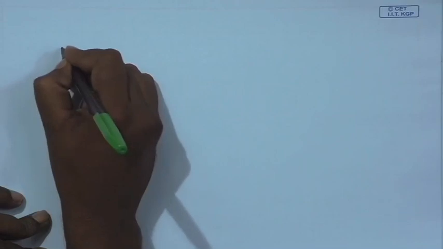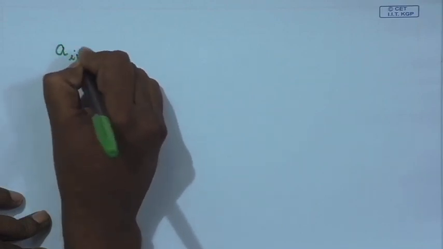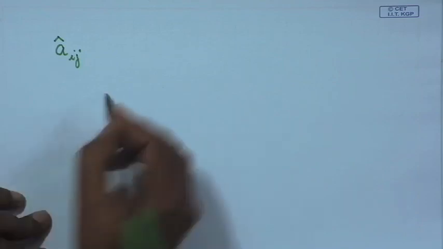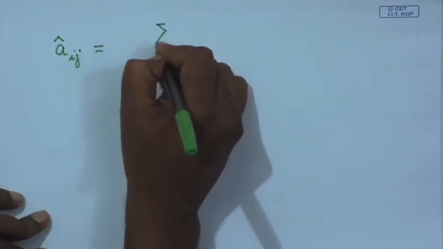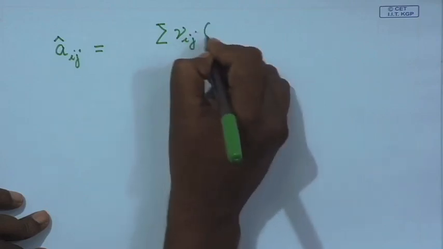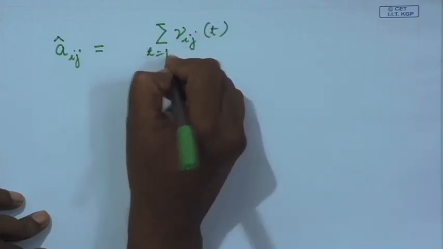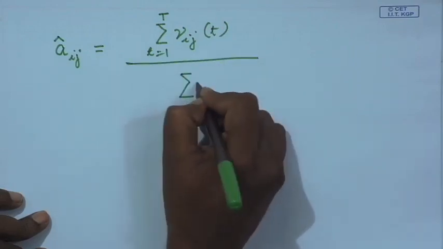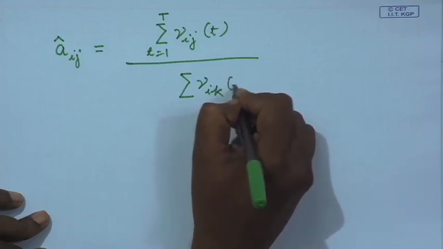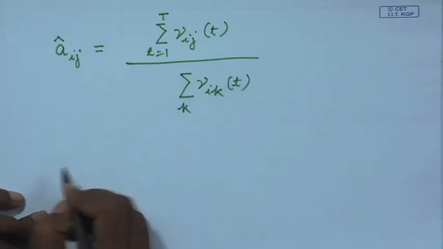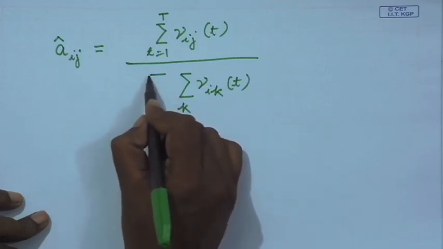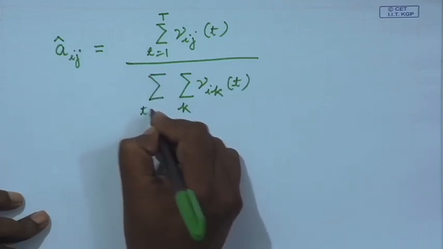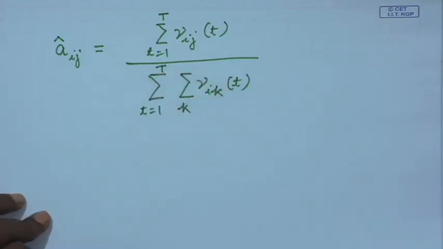So, I can have a refined transition probability a i j hat, which will be the sum of gamma i j t, t equal to 1 to capital T, divided by the sum of gamma i k t, where the summation is taken over all k, and this whole thing summed over t equal to 1 to capital T. So, this is a refined value of the transition probability a i j.